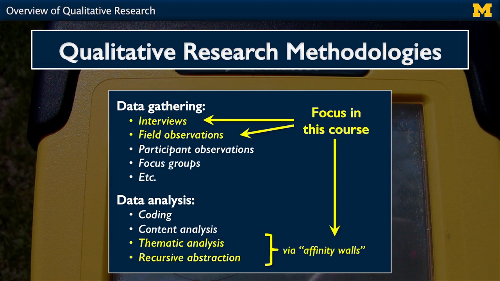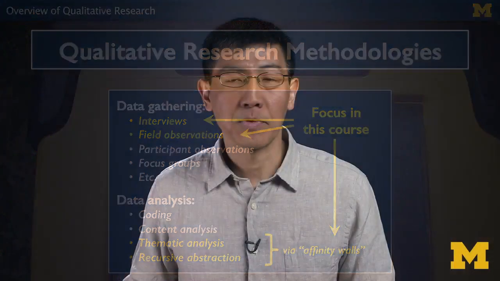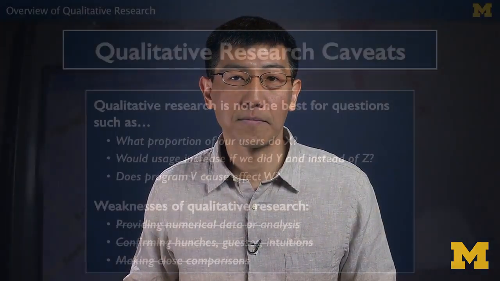In this particular course, we'll be focusing on interviews, semi-structured interviews in particular, and a certain kind of observation. We'll be watching users actually use the product and understanding how they use the product. Finally, we'll be doing something with something called affinity walls, where we'll take a combination of what's called thematic analysis and recursive abstraction as a way to understand the overall sense of the detailed data that we'll collect.